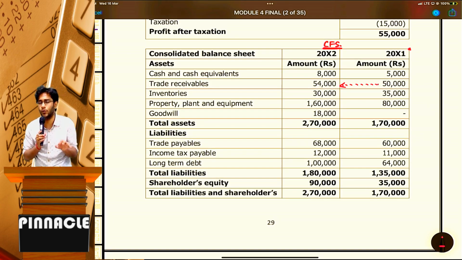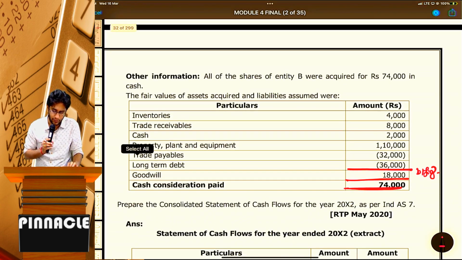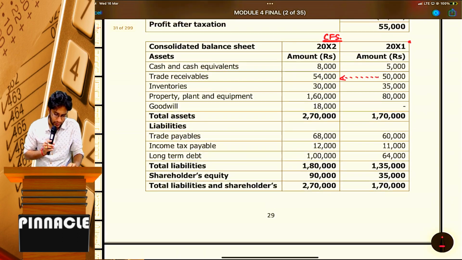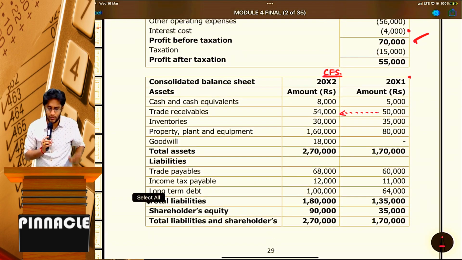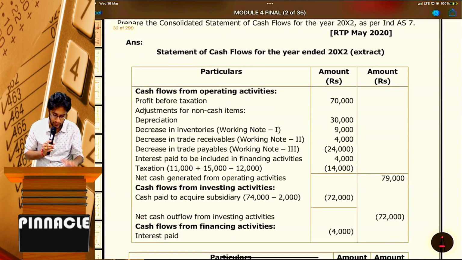From 54, first remove whatever you took over from the subsidiary. How much trade receivable did you take over from the subsidiary? 8,000. Remove 8,000 first, sir. 54 minus 8, how much is that? 46. So 50 became 46. Debtors decreased. Inflow or outflow? Inflow. How much inflow? 4,000. So like this.